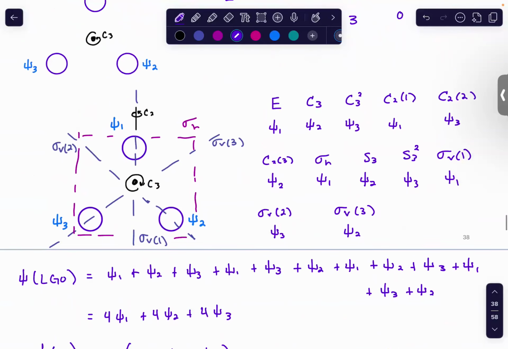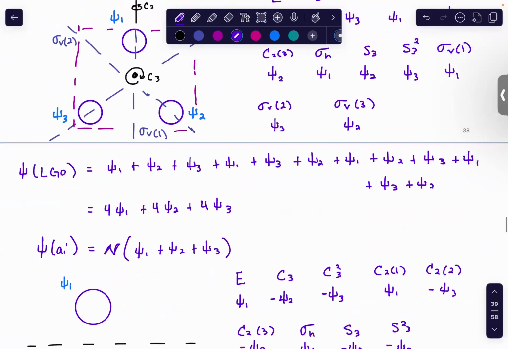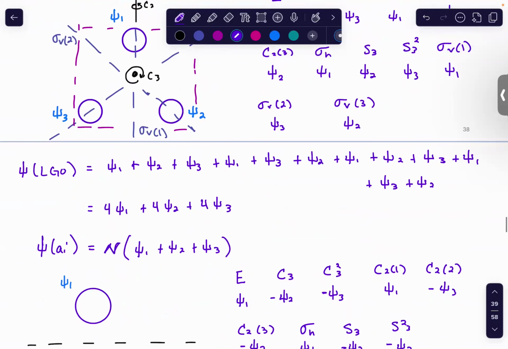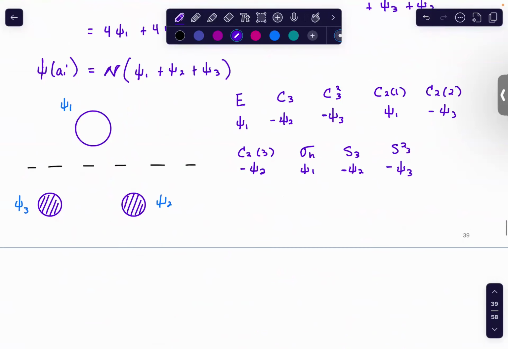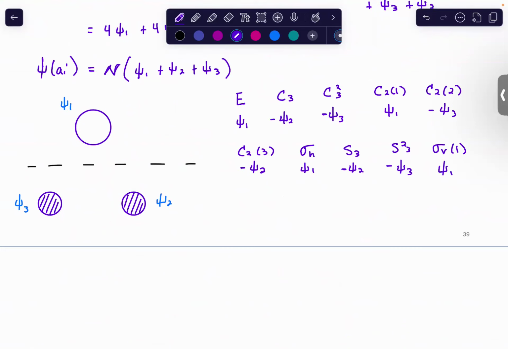I'm hoping this comes out right because I didn't do this last time. I just want to see how it works. Let's see if I'm missing something. Sigma V1, sigma V2, sigma V3.